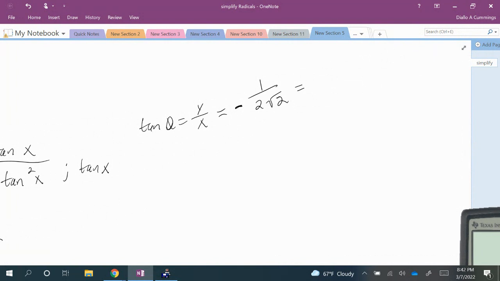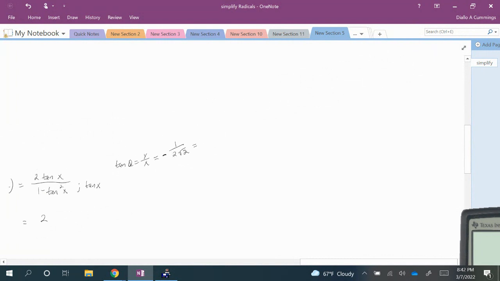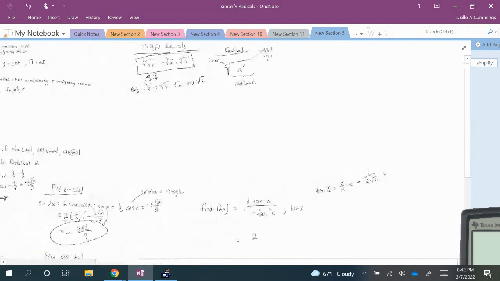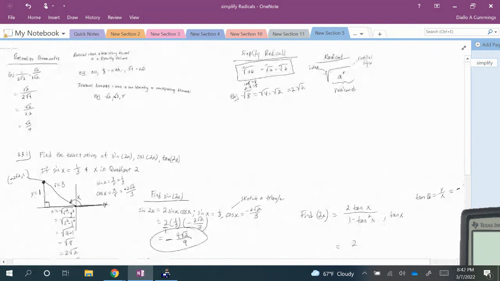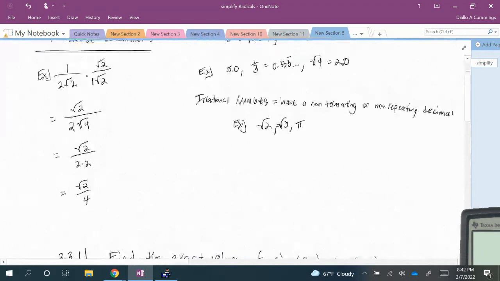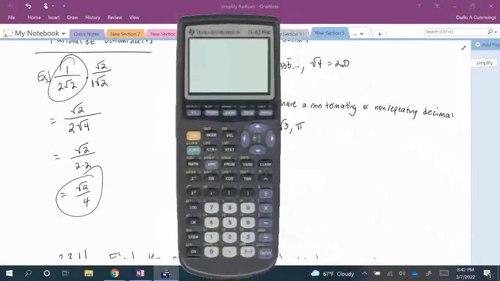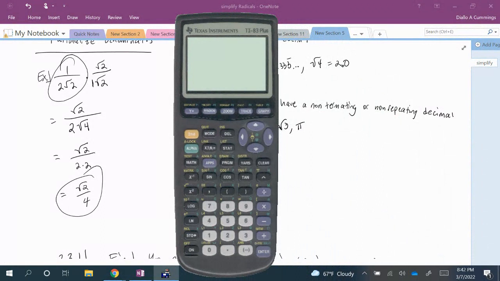So if I rationalize the denominator, which was here, 1 divided by 2 square root of 2, we rationalize the denominator, and we got square root of 2 over 4. I just want to show you that these things do have the same value, which I did not do earlier in the lesson.